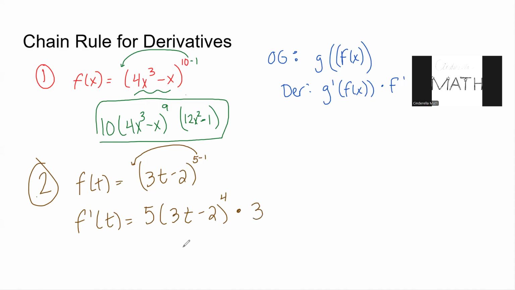And now this time we can make it look prettier. Where number 1, that was as good as it could go. Here we can do 5 times 3, so 15, and then just drop the rest down. There we are. And that's chain rule.